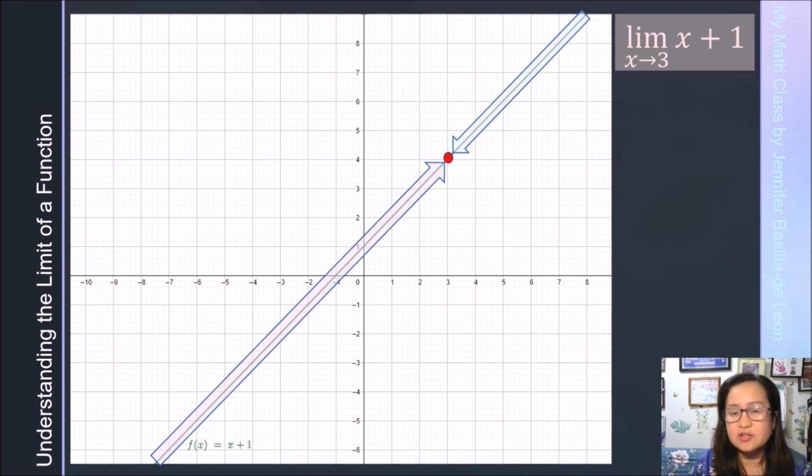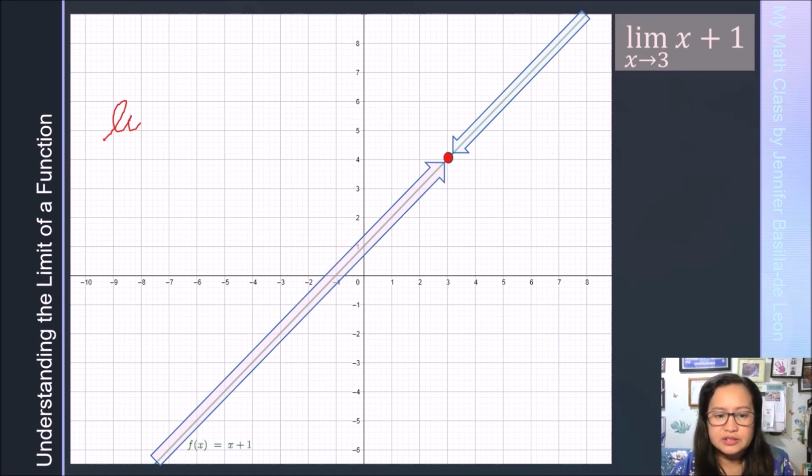Therefore, we can conclude that as x approaches 3 from either left or right, the value of f of x gets closer and closer to 4. Hence, we can write that the limit of x plus 1 as x approaches 3 is 4.